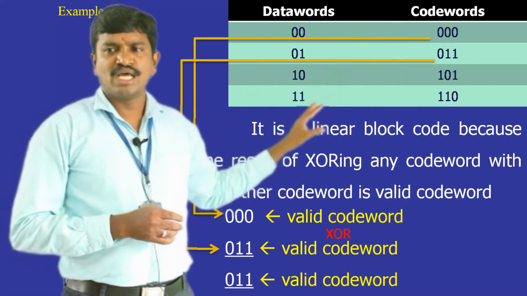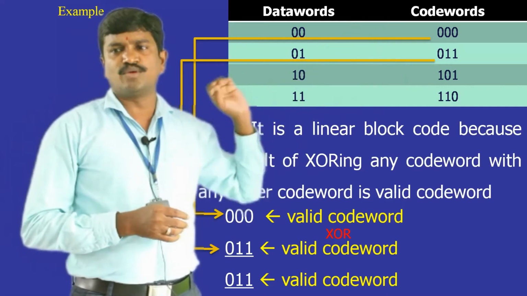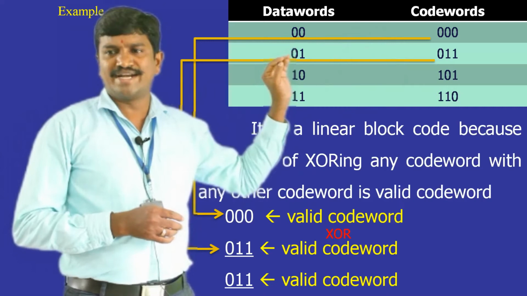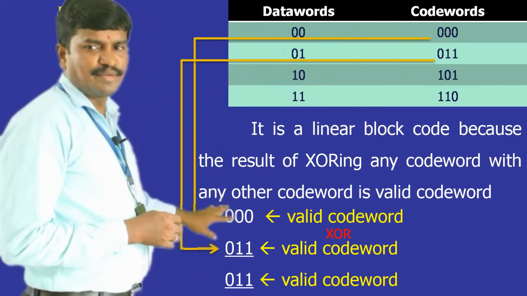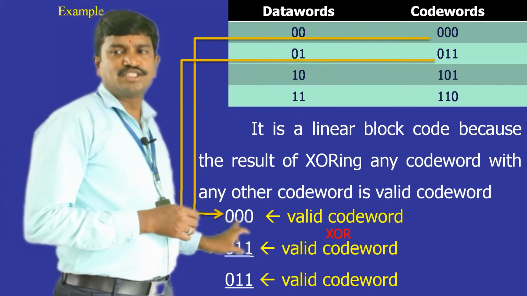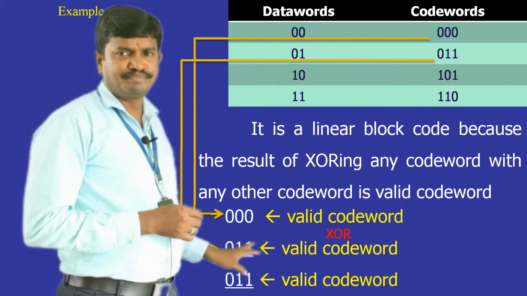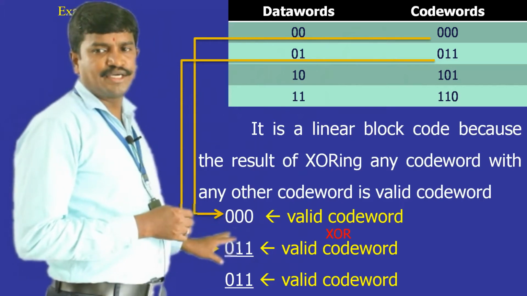Now I take any two. In this example I have taken the first one and the second one: 000 is the first valid code word, and 011 is another valid code word. Now I take those two and perform the XOR operation on them.